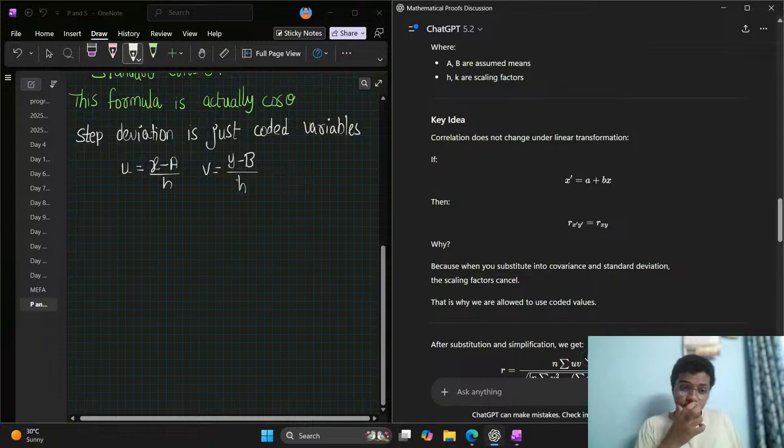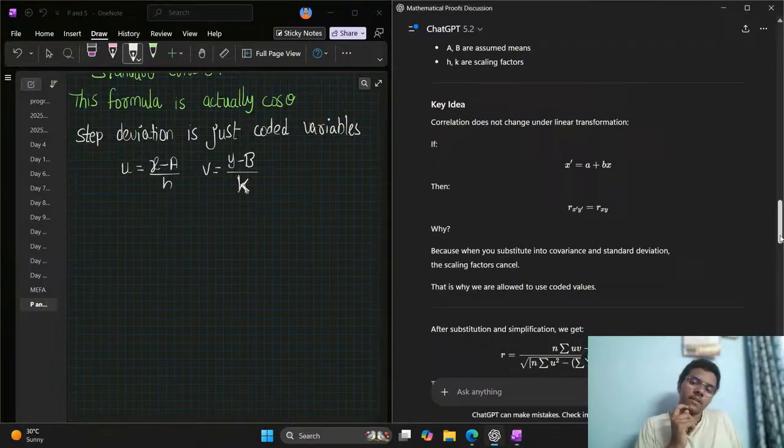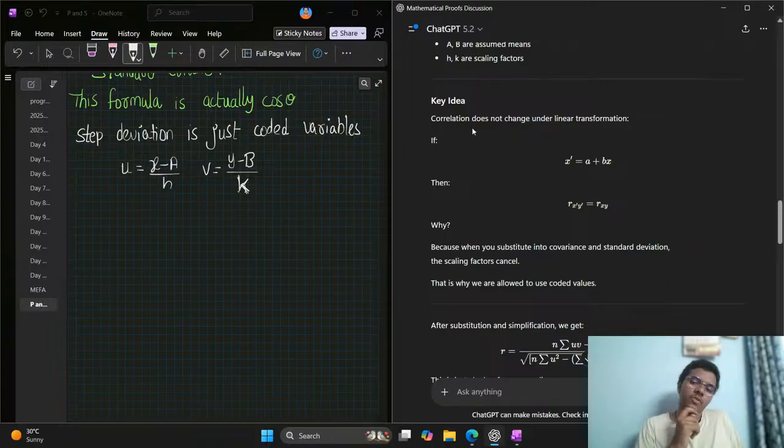You need to use k because there is no necessity that the two scaling factors are the same. Correlation does not change under linear transformation.